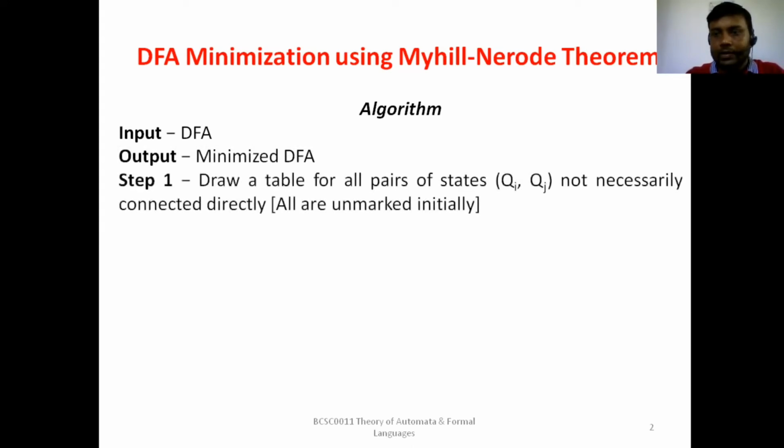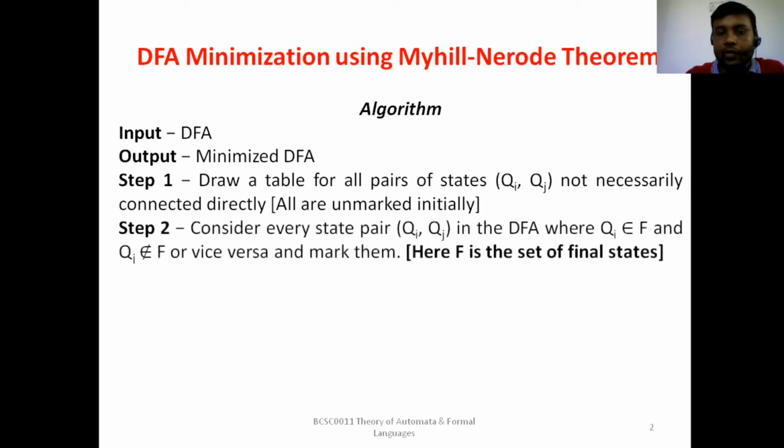The first step is to draw a table for all pairs of states, that is Qi Qj, not necessarily connected directly. Initially, all the entries in this table are unmarked. This is the first step.